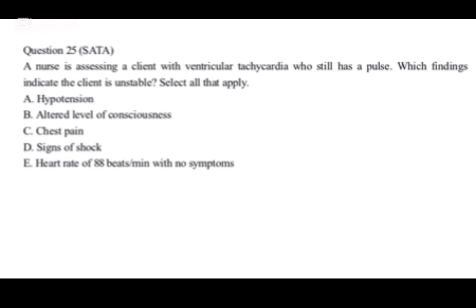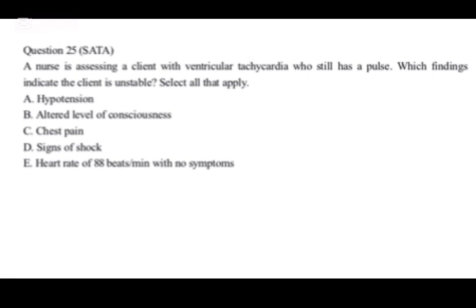Question 25, SATA. A nurse is assessing a client with ventricular tachycardia who still has a pulse. Which findings indicate the client is unstable? Select all that apply. A. Hypotension. B. Altered level of consciousness. C. Chest pain. D. Signs of shock.